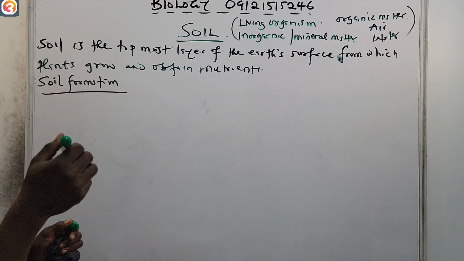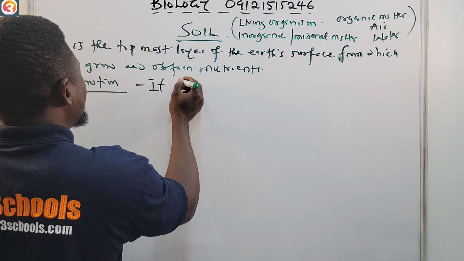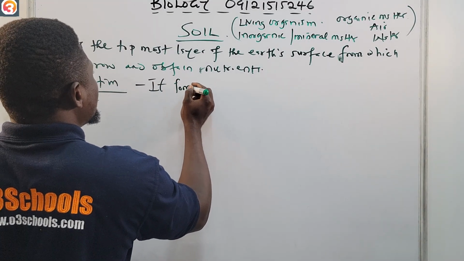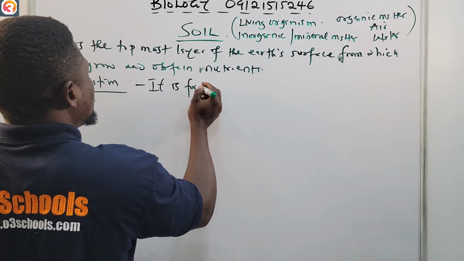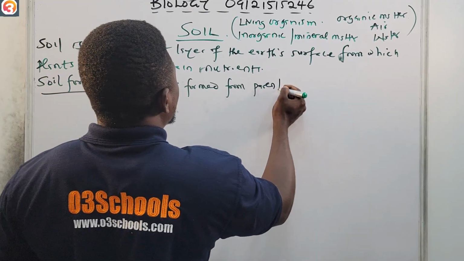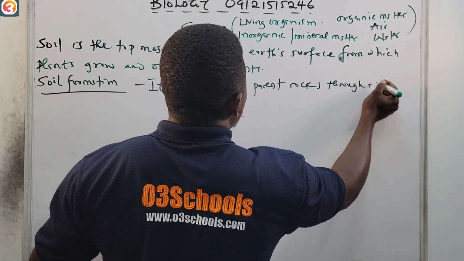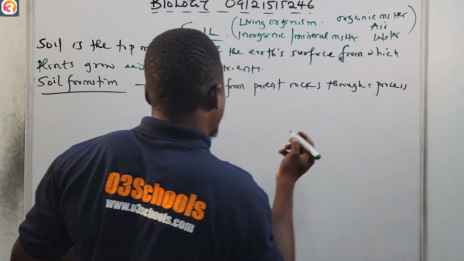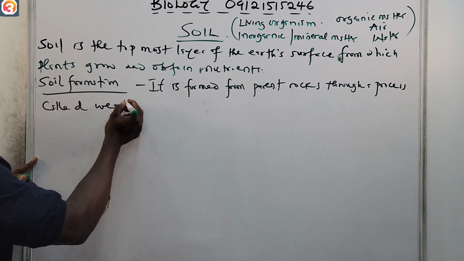Soil is formed from parent rocks through a process that is called weathering.